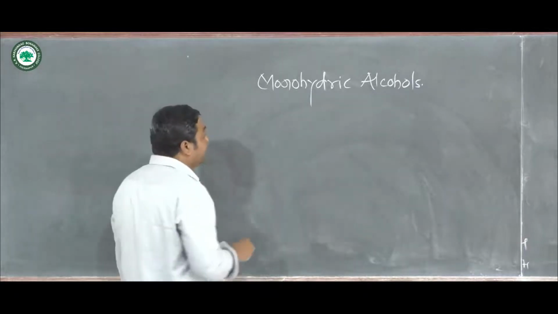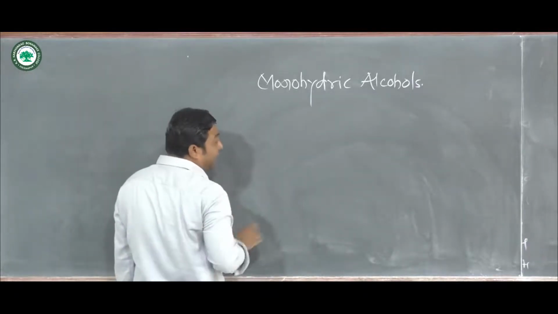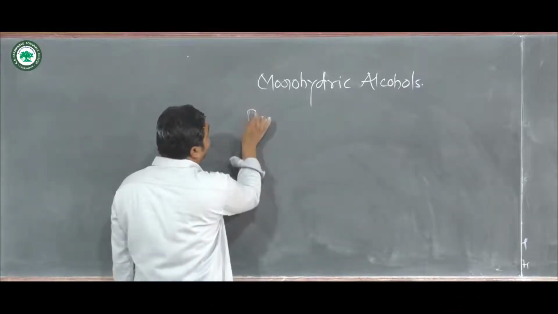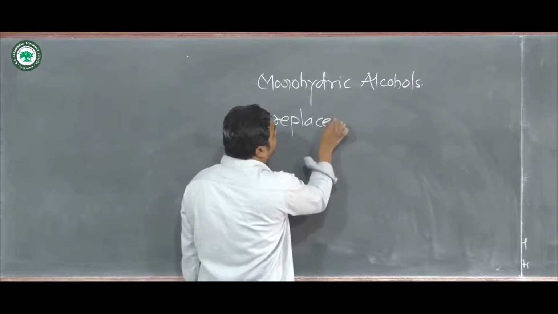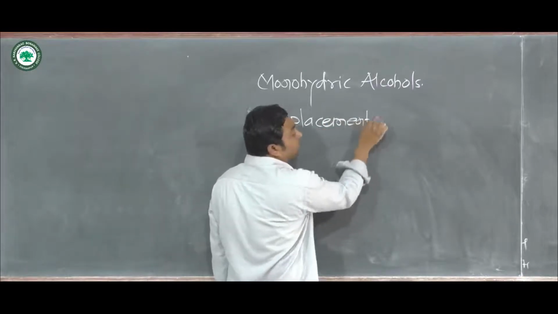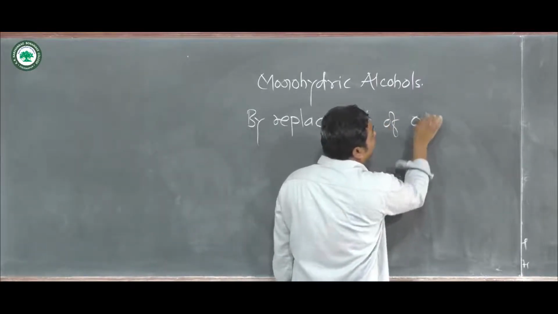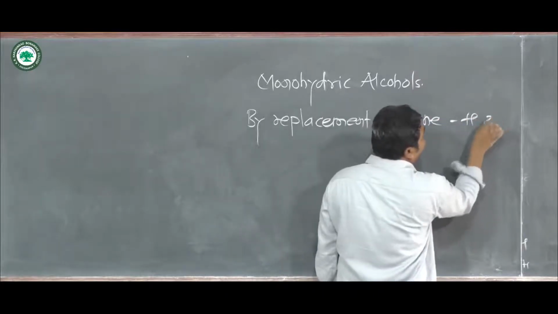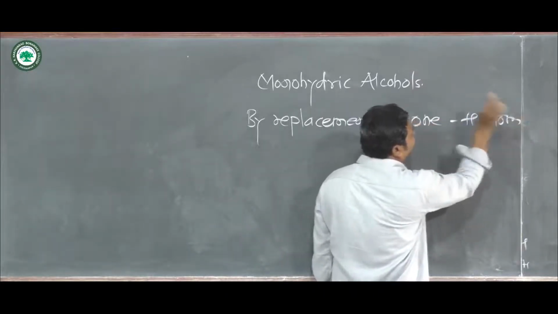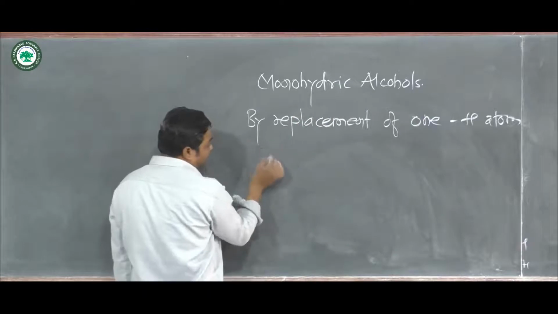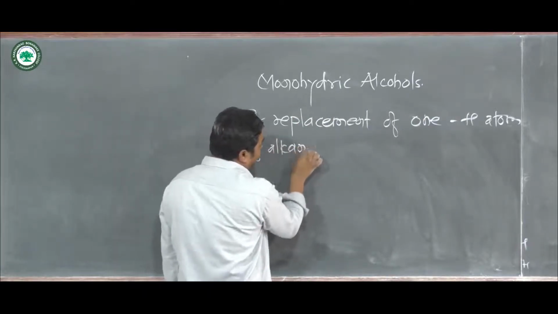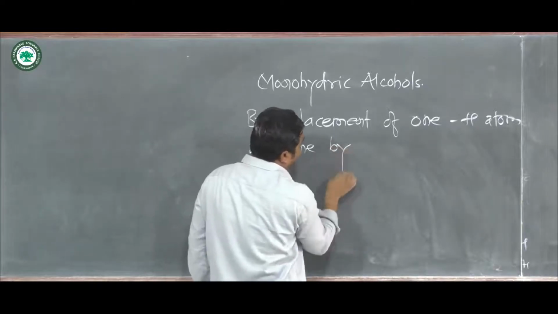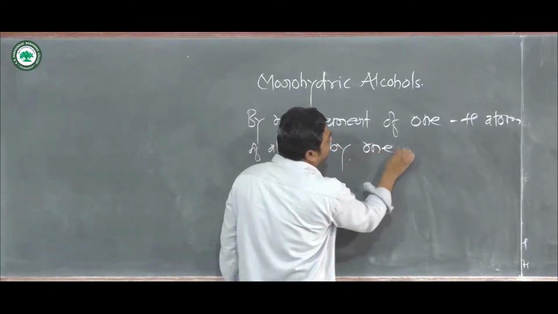It means monohydric alcohols are obtained by replacement of one hydrogen atom of an alkane by one OH group.